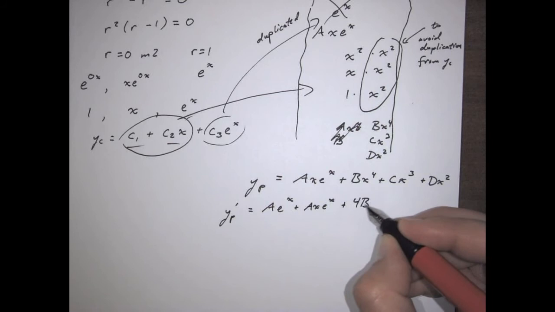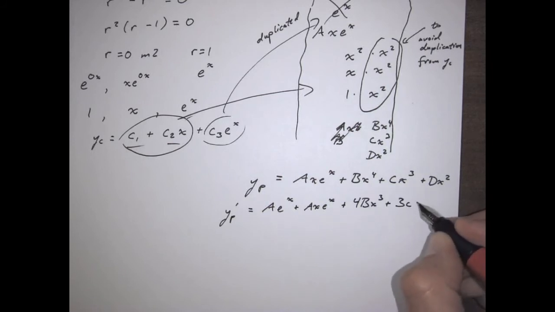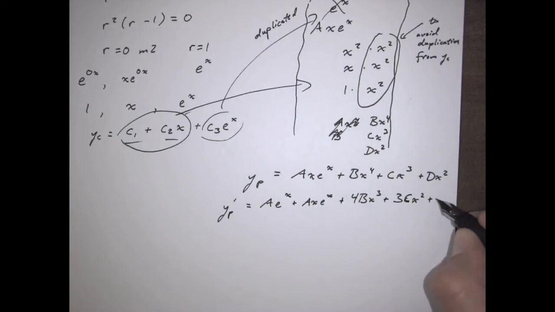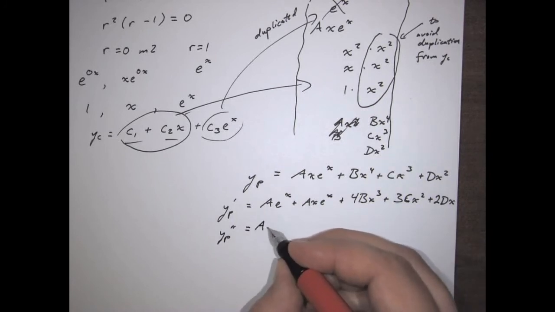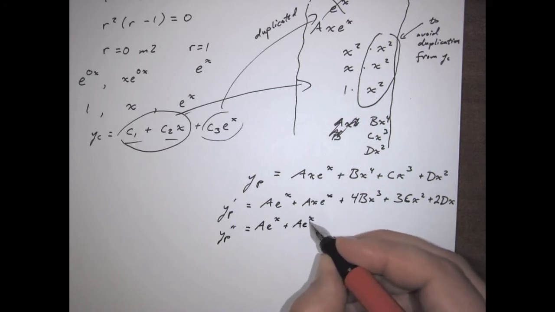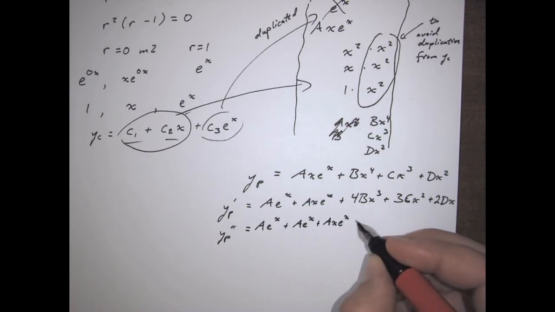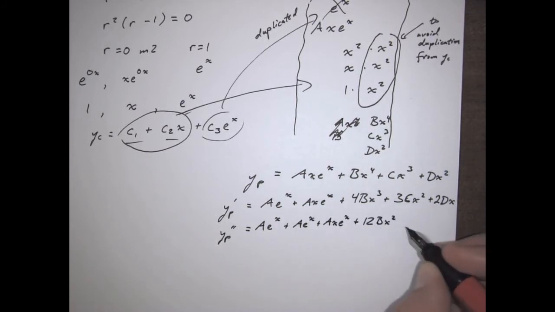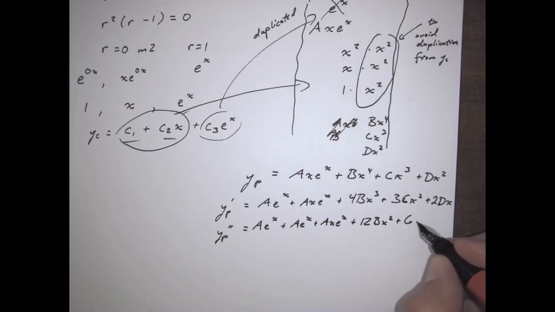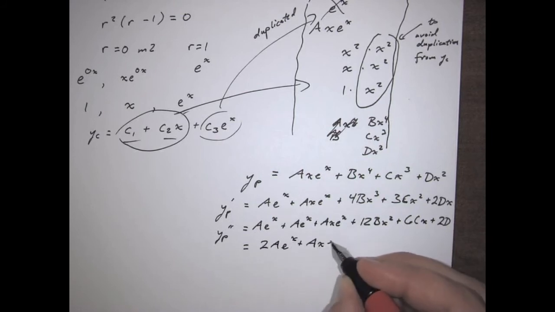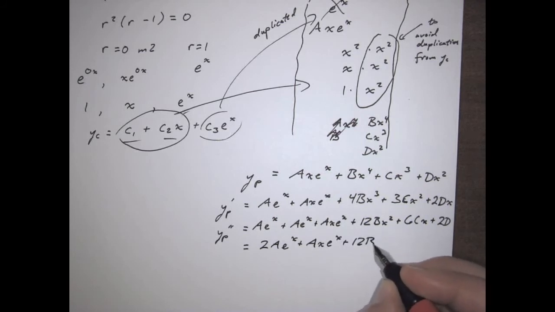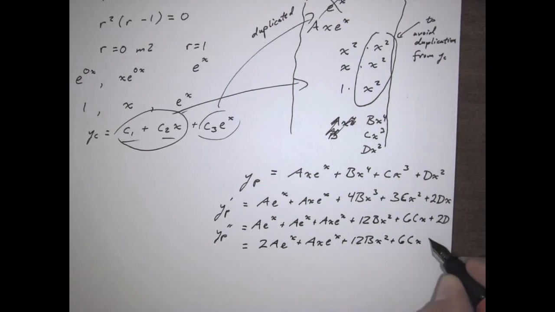Here I'm going to have 4b x cubed, 3c x squared, plus 2d x, and then y particular double prime is going to be a e to the x plus a e to the x plus a x e to the x plus 12b x squared plus 6c x plus 2d, and then I can combine like terms a little bit and get 2a e to the x plus a x e to the x plus 12b x squared plus 6c x plus 2d.